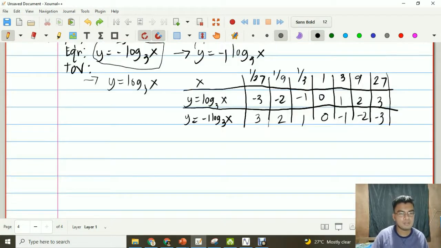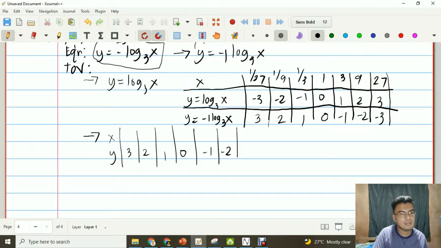So therefore, our table of values for the given function is this one. We have here x and we have here y. So we have 3, 2, 1, 0, negative 1, negative 2, and negative 3. For the x values, we have 1 all over 27, 1 all over 9, 1/3, 1, 3, 9, and 27.